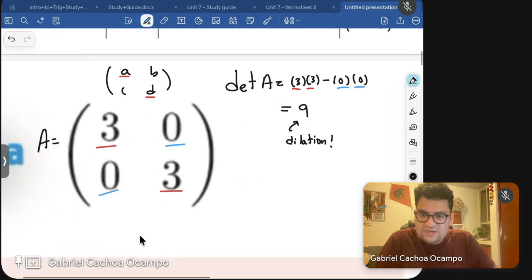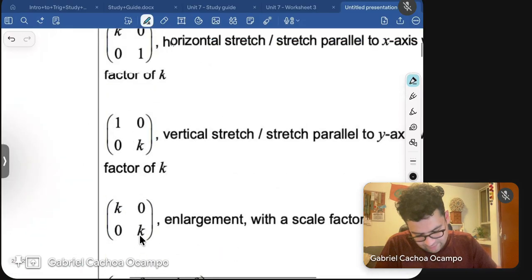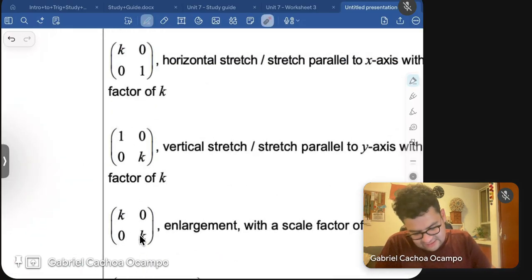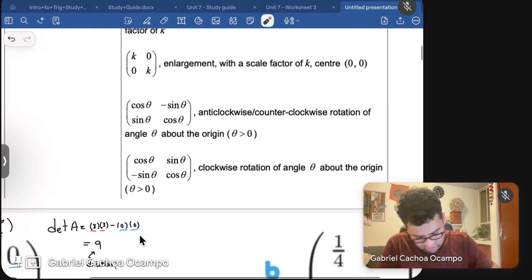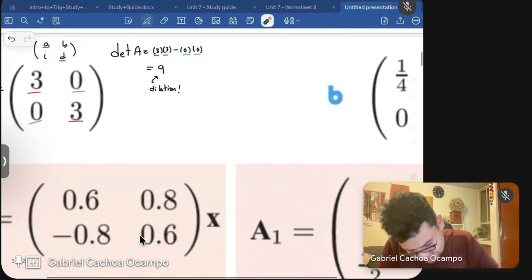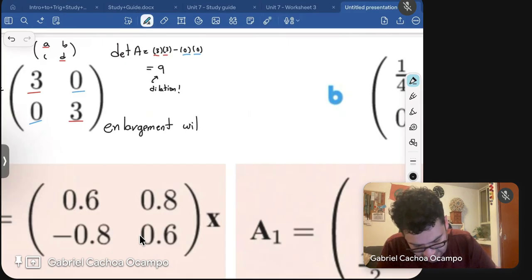Now that I know that it is a dilation, I go to my formulas and compare. What type of dilation is it? Is it an enlargement that has a number and a 1, or is it an enlargement that has the same number in the diagonal? Because it has the same numbers in the diagonal, this is an enlargement with k equals 3.